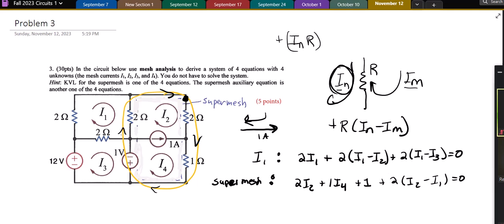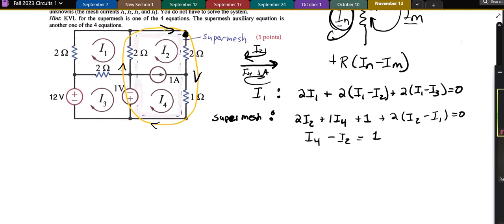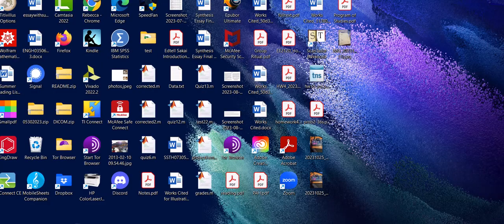I2 right here is in that direction, and I4 is in that direction. So I4 is going in the direction of the current source, and I2 is going opposite the direction. And so I4 minus I2 equals 1 amp. So that is another equation.